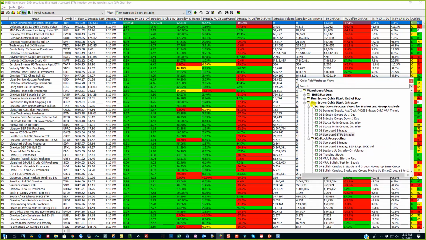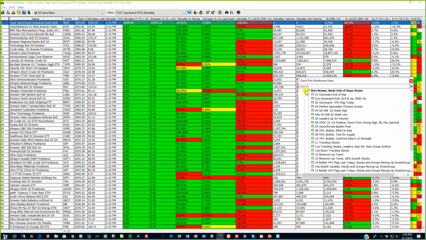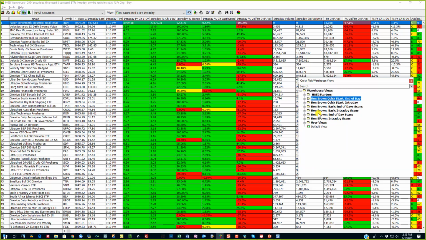And what I want to point out is I am working with the quick start. If you're new to HGSI, or if you're old to HGSI, or if you've been with us a long time, these two folders are really all you need to get started. Now, if you really want to delve into the program, there's a lot more under the basic end of day.